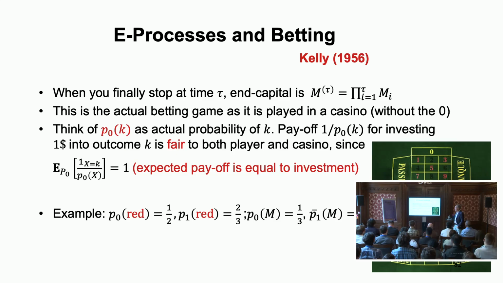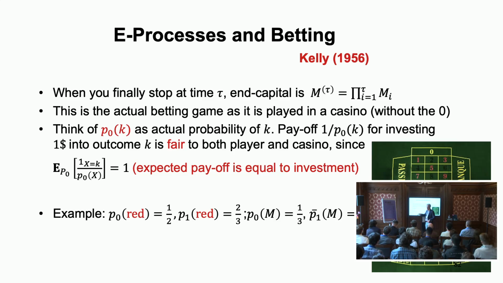Now the crucial thing here, where you see that the expectation is 1 again, is that in a real casino you don't expect to gain money. You can formalize it by saying that under the null, the distribution of the real casino, the expectation of the payoff is 1, because that's just P0 divided by P0.